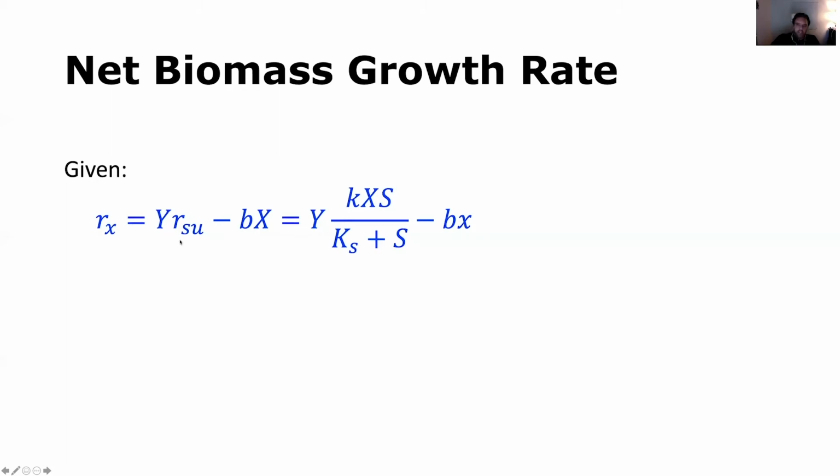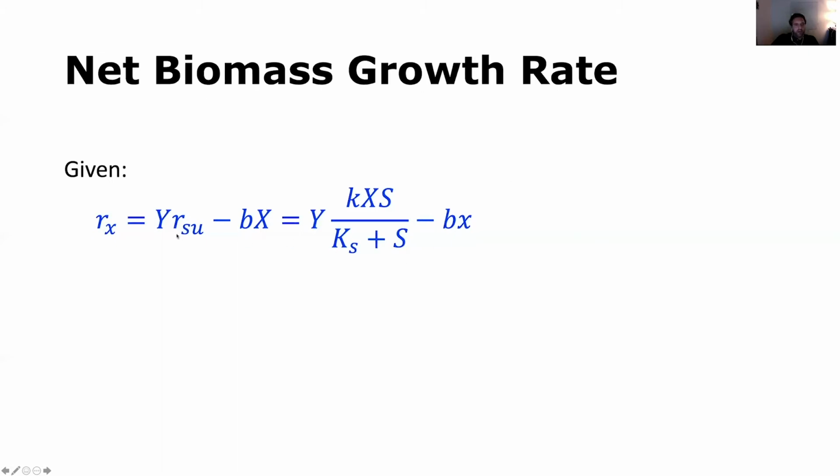If we were in the exponential phase, then this death term, this decay term right here, would be very small compared to the yield and the substrate utilization. So you can see that what we're calculating is the net biomass growth.